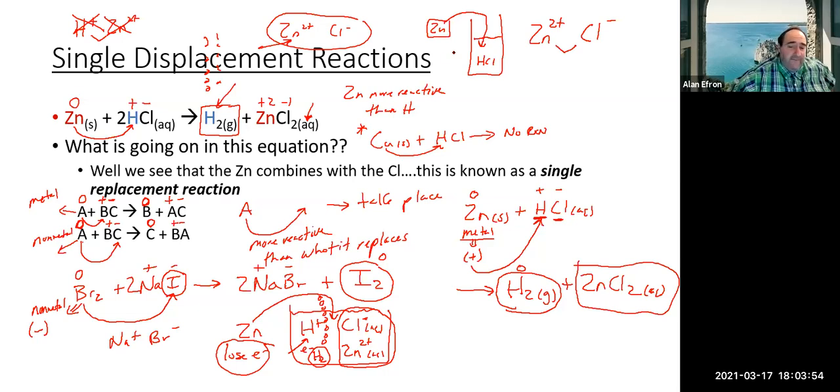What you would actually see if you watched this or did this reaction is this piece of zinc that you would toss in there, it would eventually kind of dissolve and go away. You wouldn't see any more. And that's because what's happening is on the zinc, if you want to think about it, every time zinc loses electrons, the solid zinc basically jumps off of the solid into the solution part and becomes zinc with a +2.